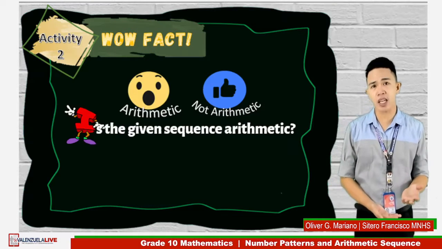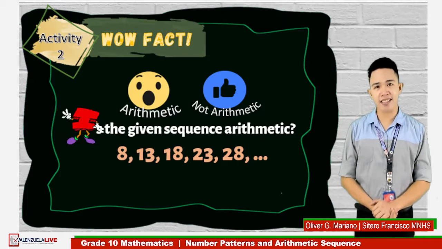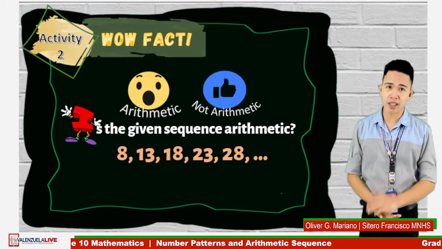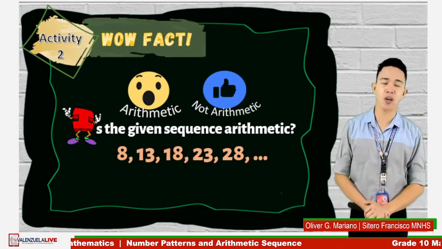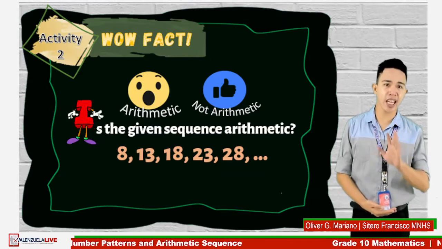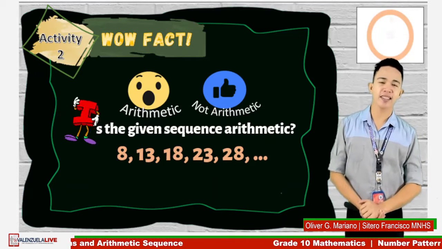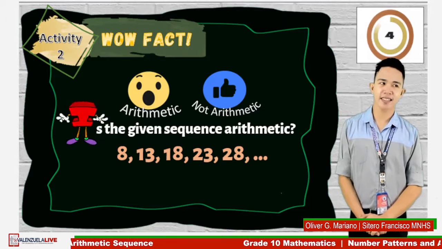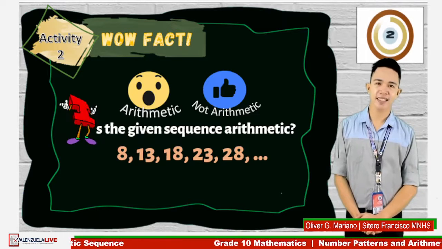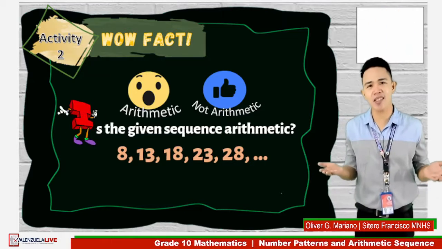Is the given sequence arithmetic? 8, 13, 18, 23, 28, and so on. You got 5 seconds to hit the correct react button, and that begins now. Okay, time is up.